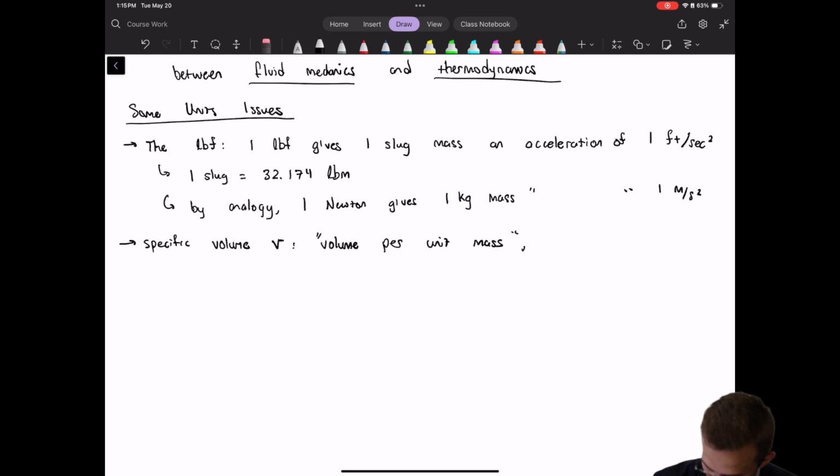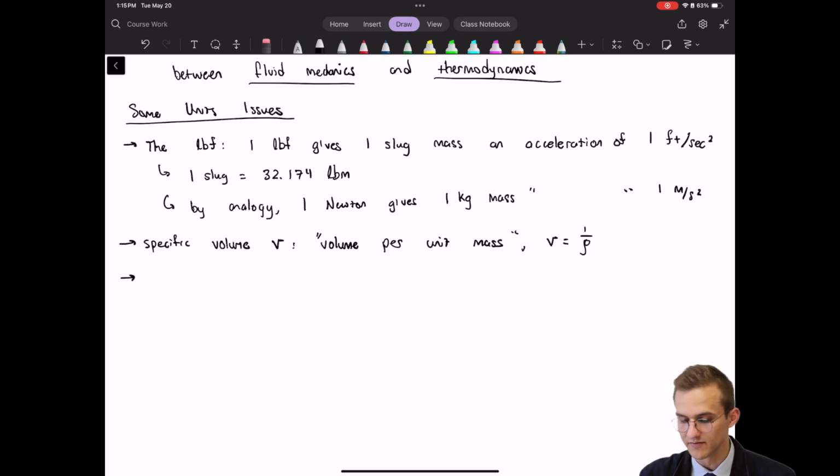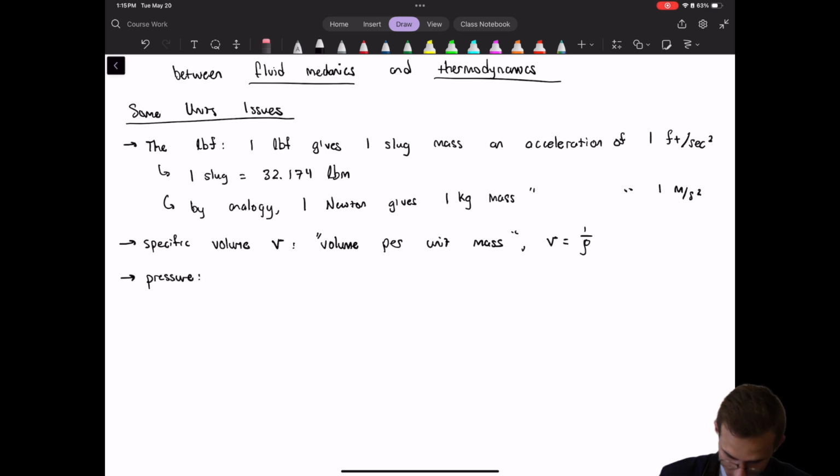What it is, it's just mass density inverted. So we just say that this v is 1 over rho. So nothing too exotic going on there, but it fits within this overall motif of mass specific quantities that we'll often be working in terms of in this course.